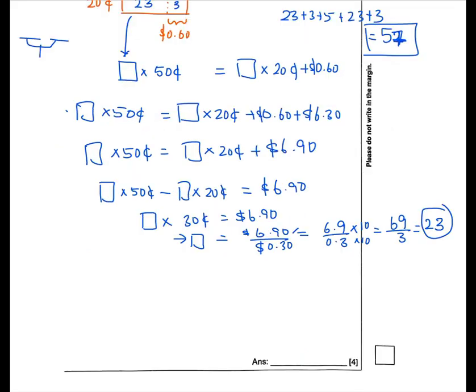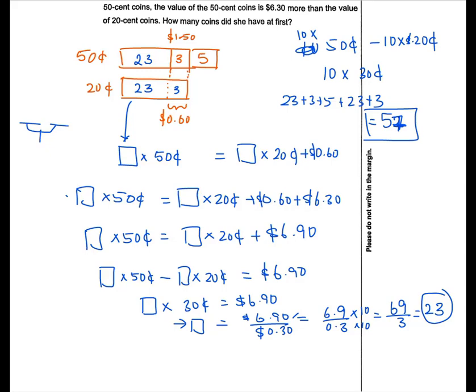The number of coins is 57. This is more like using algebra. I've tried to use diagrams here, bar models, to represent them, but I could have simply used X as part of algebra also. If you replace these boxes with X, then it becomes an algebra solution.